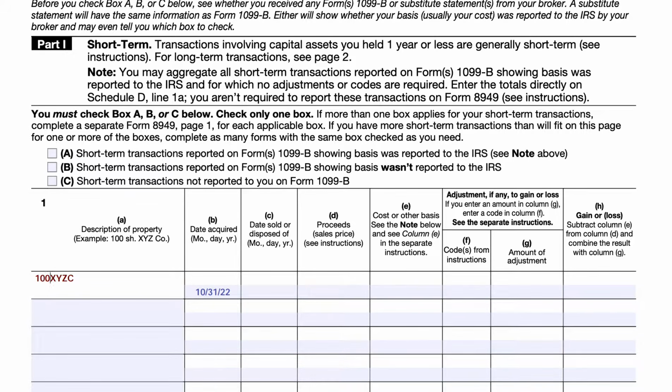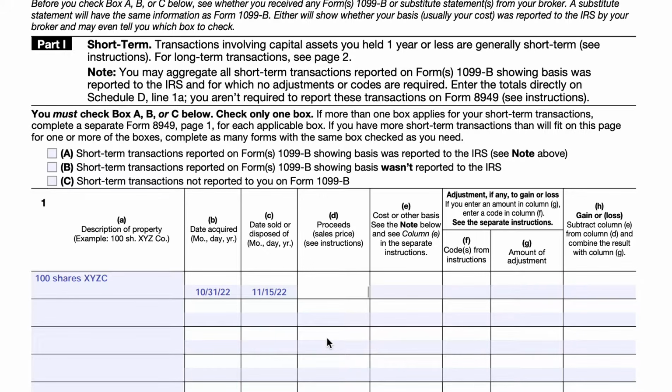Let's say that we disposed of the stock in November of 2022. You would simply write in the date that you sold or disposed of the stock.